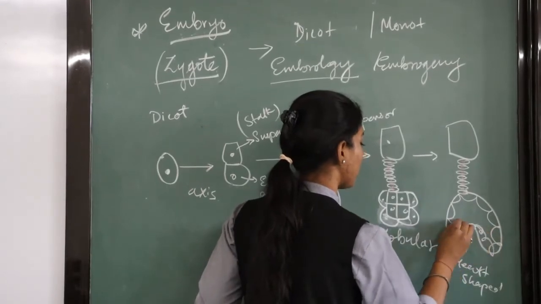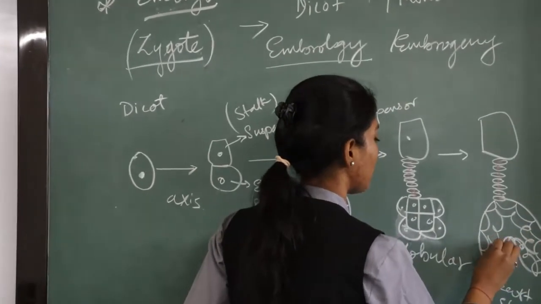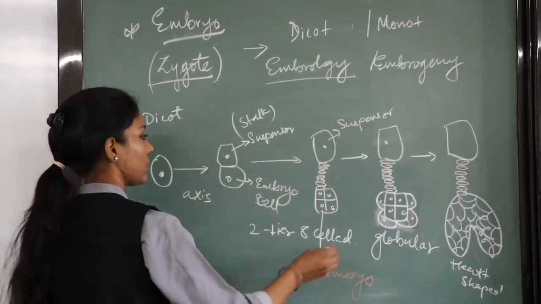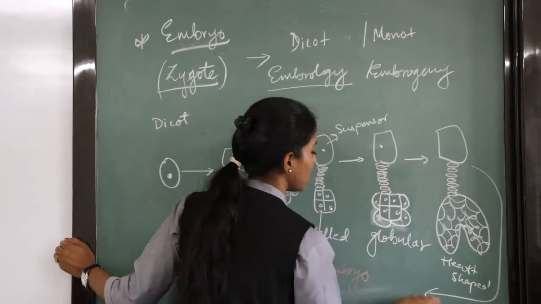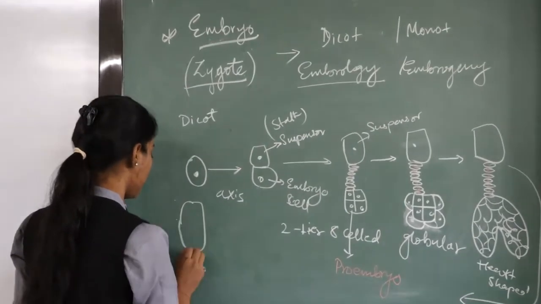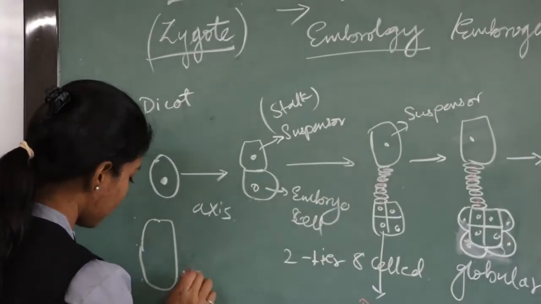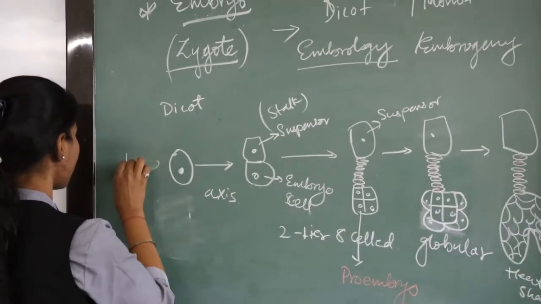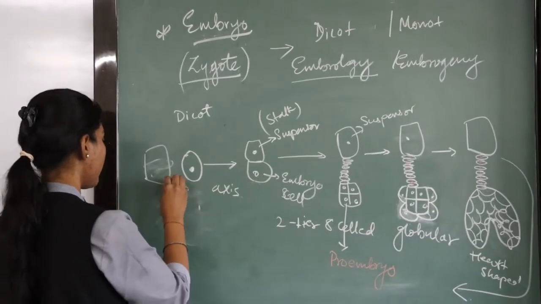This is how an embryo develops. And then at last the third one, I am drawing it on this side. This is somewhat of a mature form. The mature form of the embryo I am drawing.